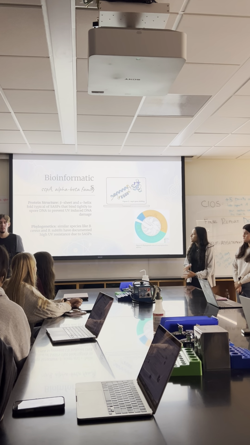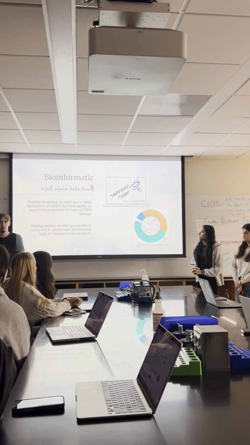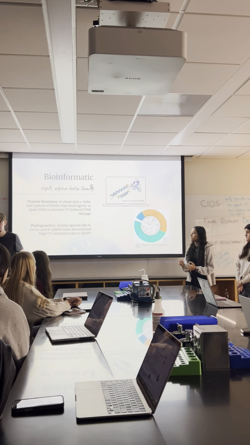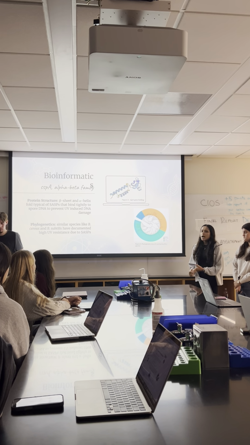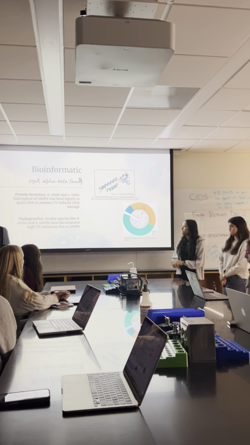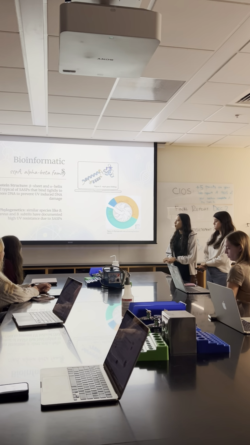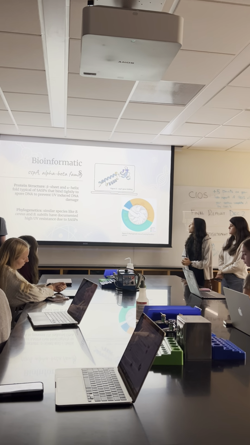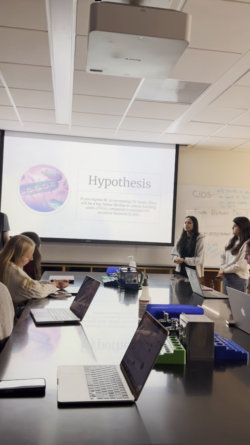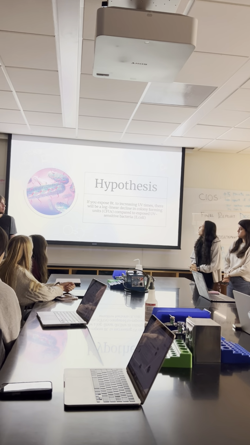For phylogenetics, a lot of studies with similar species, like Bacillus cereus and Bacillus subtilis, have documented high UV resistance due to various small acid-soluble proteins. So that's why I studied that for the Bacillus.